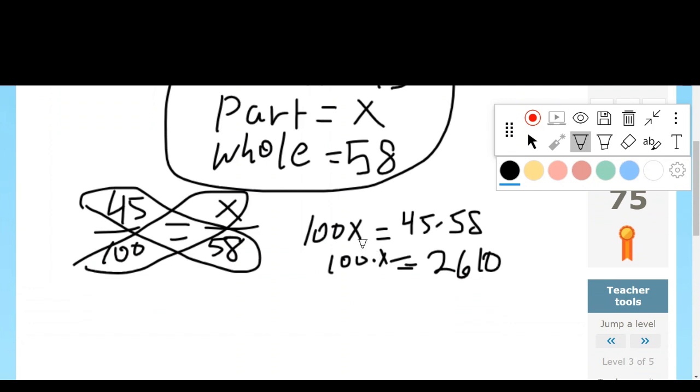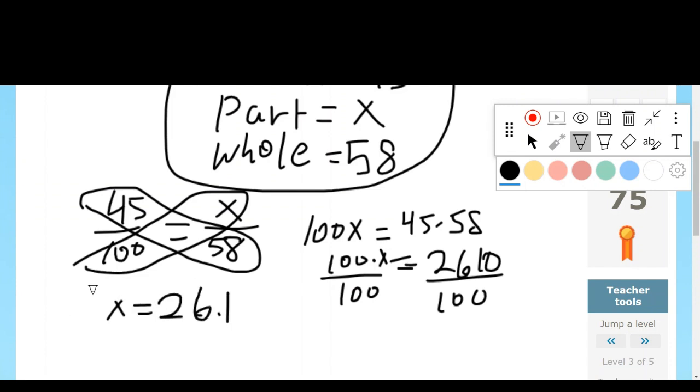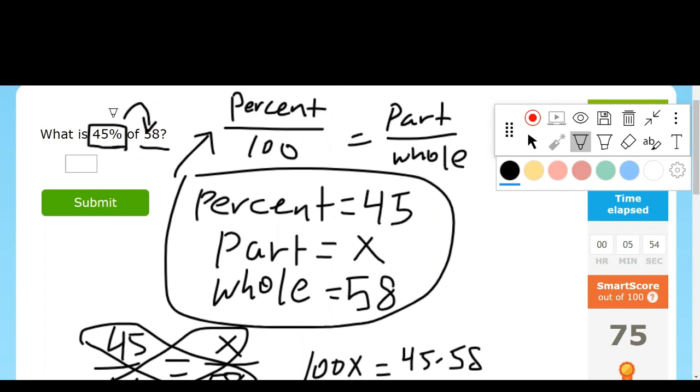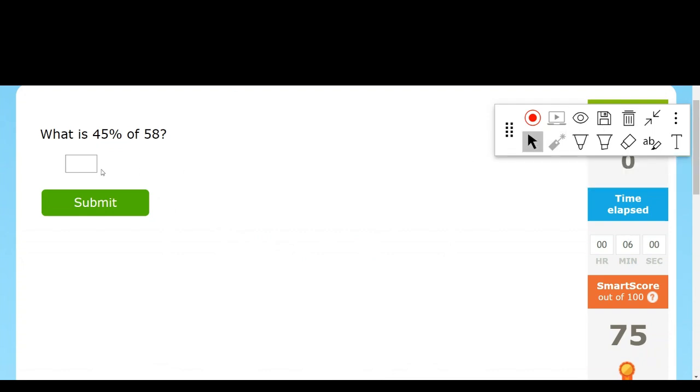What's the opposite of multiplying by 100? It's dividing by 100. And we're going to get x equals 26.1. What does the 26.1 represent? Well, it represents our part, our 45% of 58.